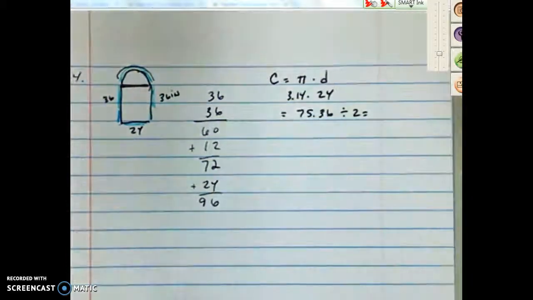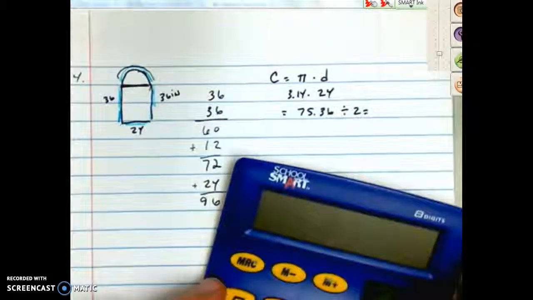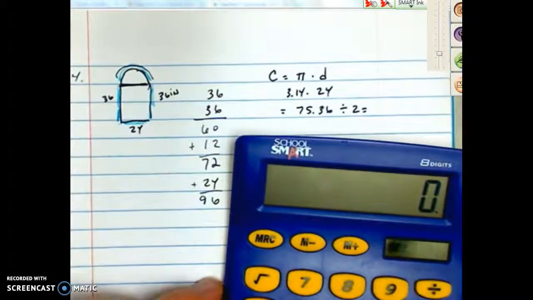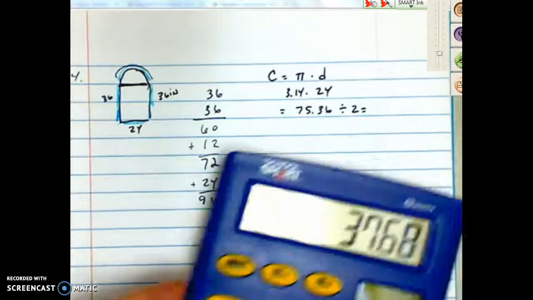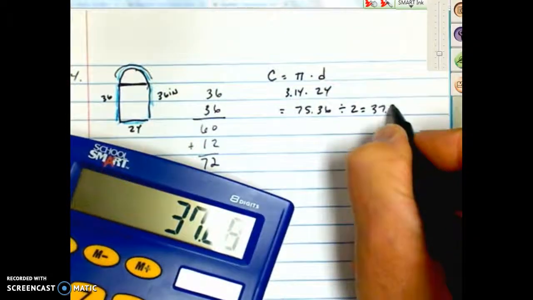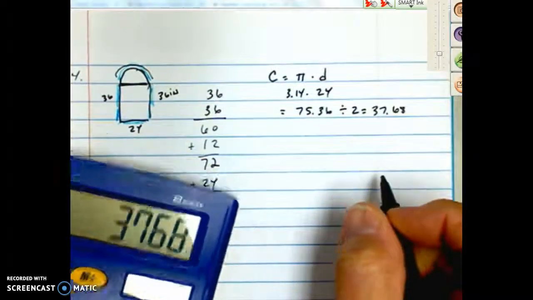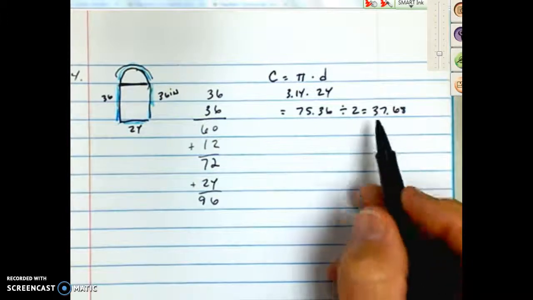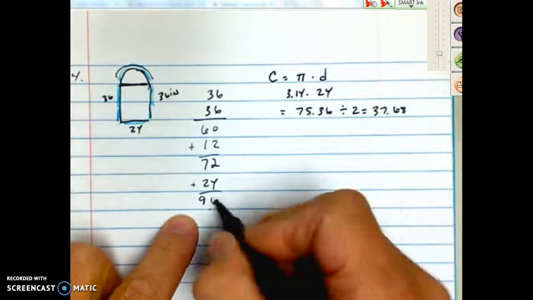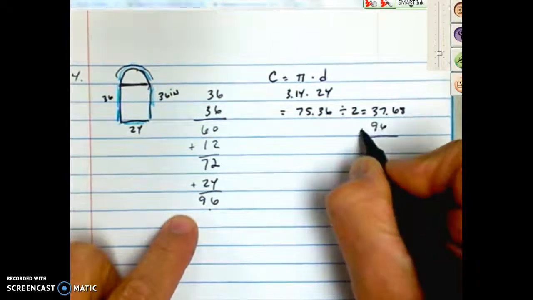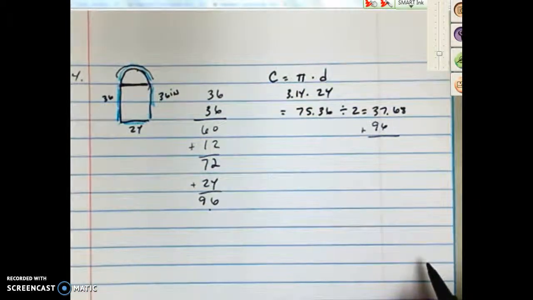Take your calculator, take the 75.36 and divide that by 2, which will give us 37.68. So we want to now take that 37.68 and add that on to 96. So I'm going to say 96 plus 37.68. Add it up.